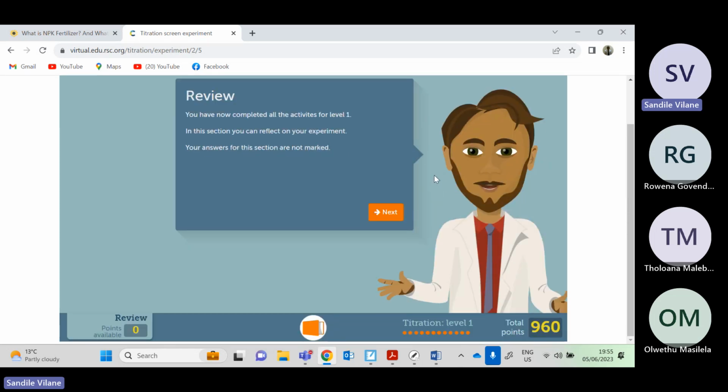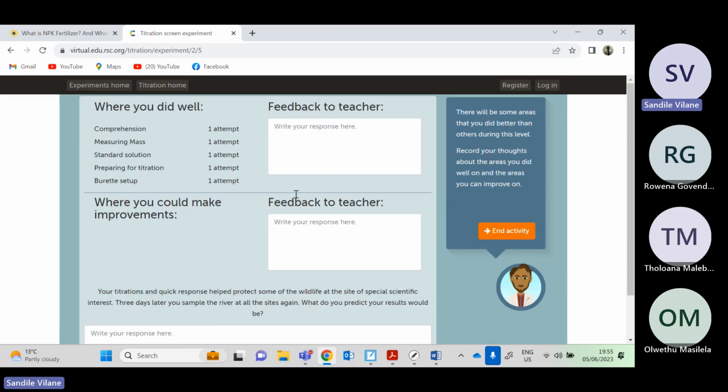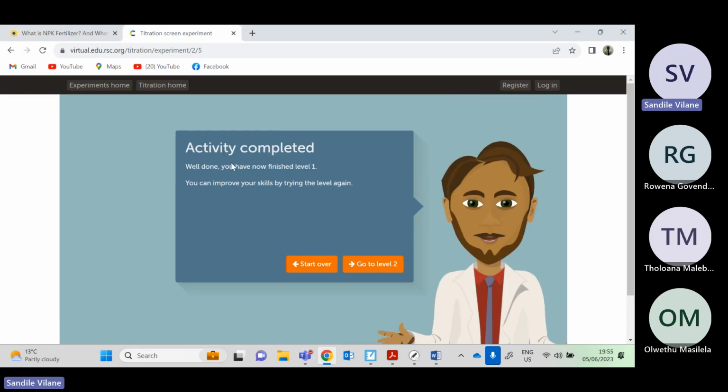As you have seen, there are different levels. The levels will increase. Where you have made improvements, you can just go to activate, communicate, well done.